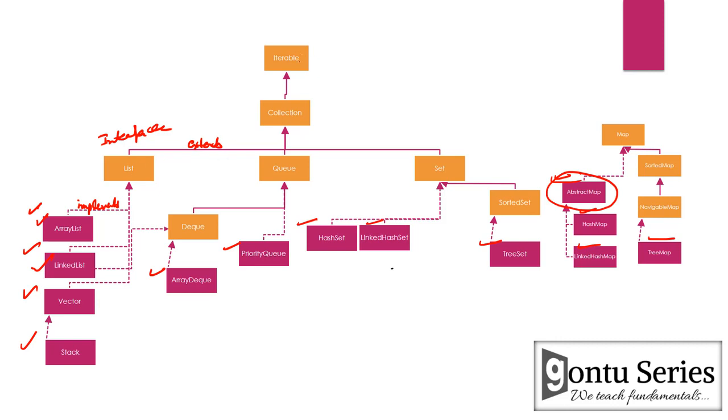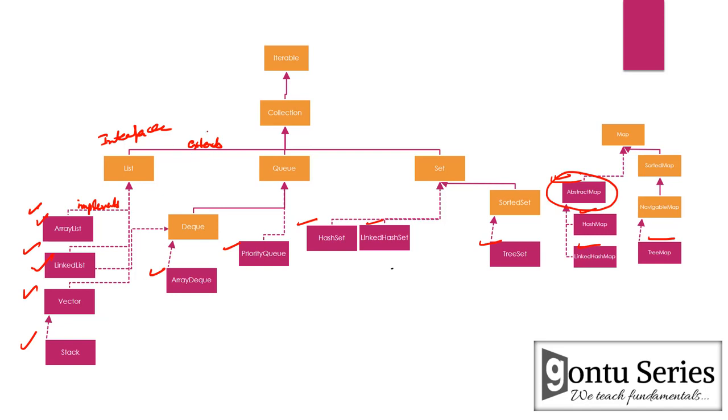Collection extends Iterable. You can look at this whole hierarchy. HashMap implements the AbstractMap class, an abstract class, and this AbstractMap class implements the Map interface. Dotted means implements, and a full line without dots means extends.